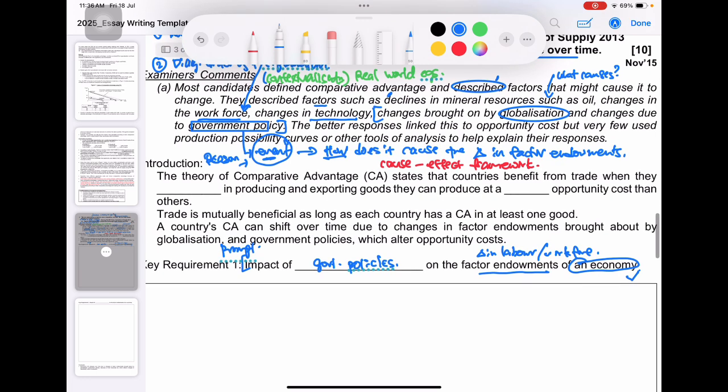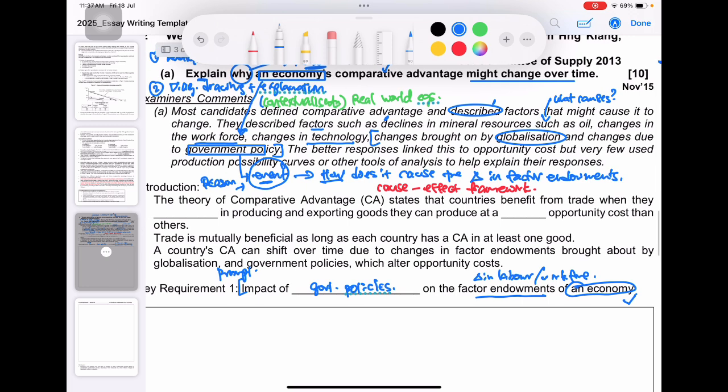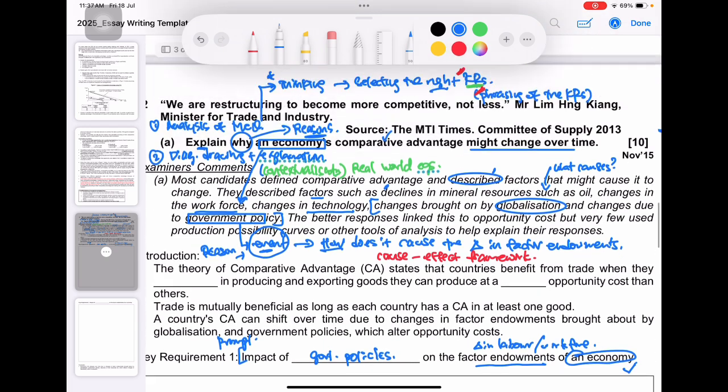So the suggested answer is actually based on what I think most of you can understand, but of course you might have better knowledge on other areas that you can put in as well. The suggested answer is still a suggestion. However, when we read through that, we just want to see how they actually came out with a more analytical answer.